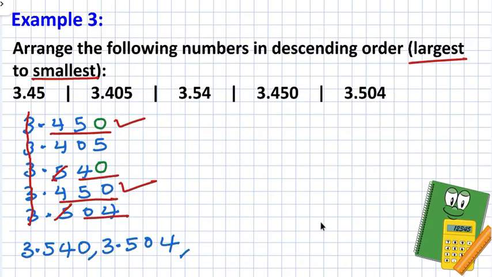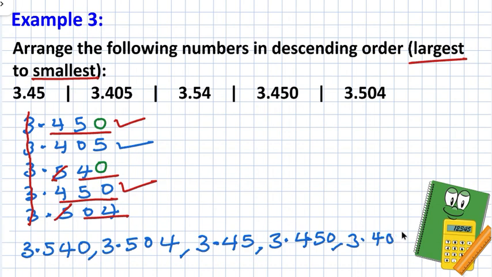So we have 3.45, and then we have 3.45. That leaves this one, 405, as our smallest number. So we have 3.405. So there you have it.